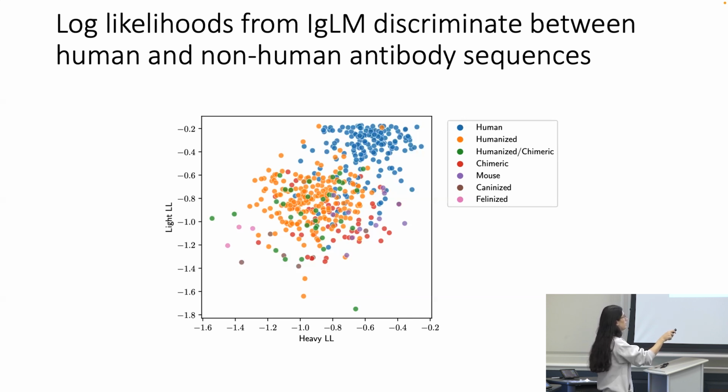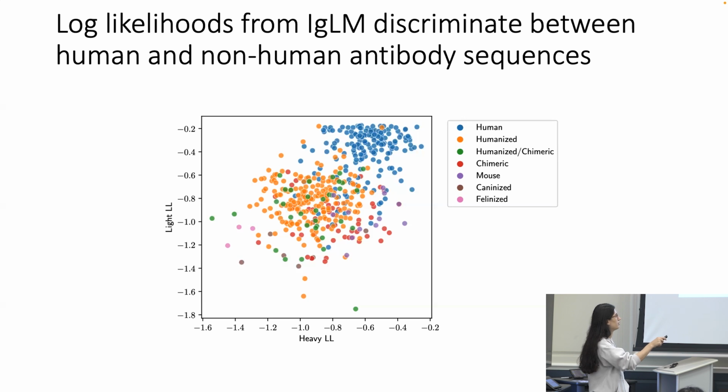So what does it tell us about that orange sequence up there? Is it a mistake? Is it by mistake that it has that likelihood, so high with the human antibodies? Yeah. So maybe this humanized antibody would work just as well as a human antibody, such that it's very difficult to actually discriminate between them, even with IgLM, because it looks really good. So that's a good thing.